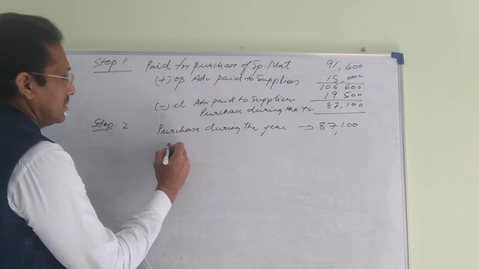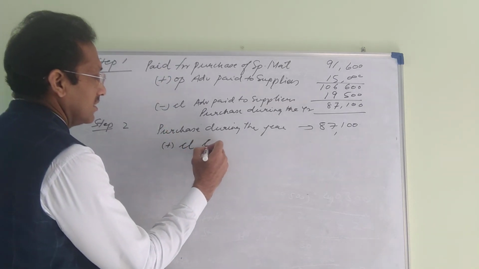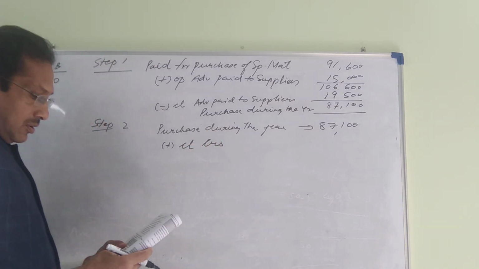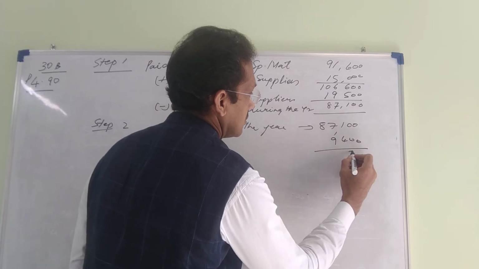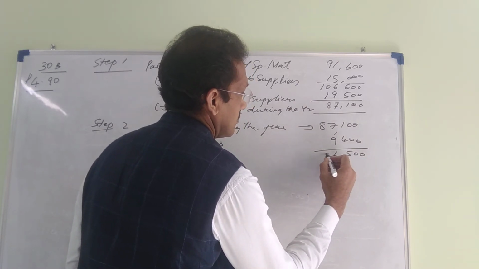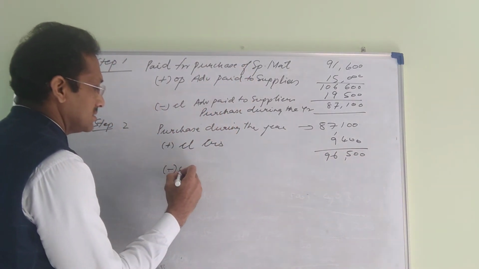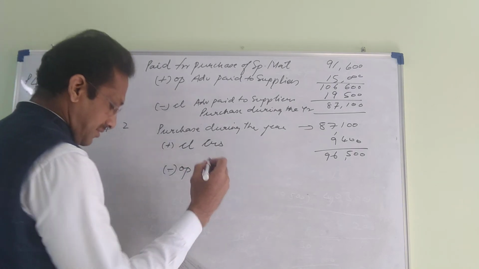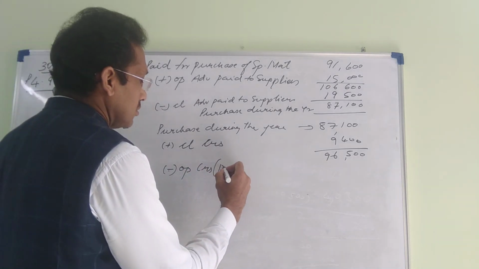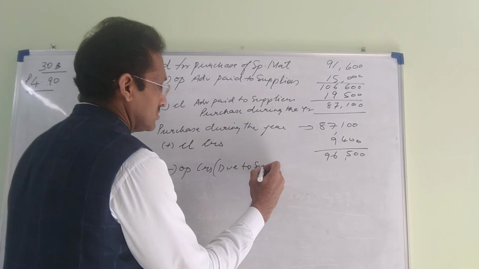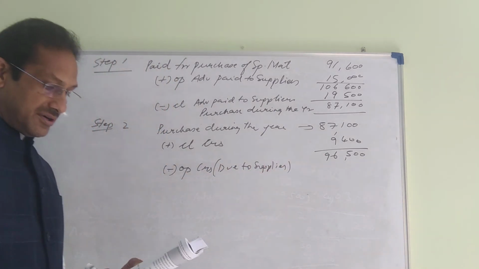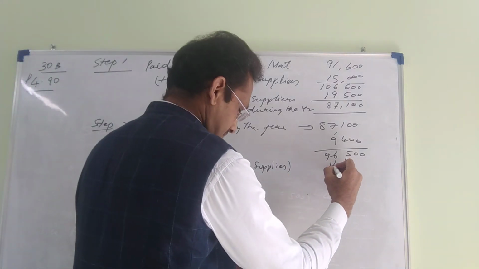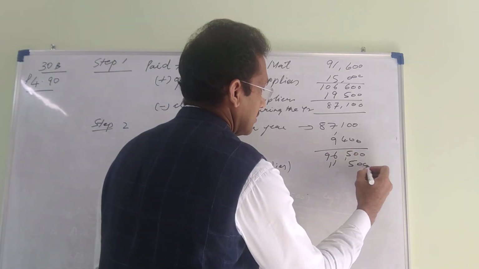Add closing creditors, that is 9,400 and minus opening creditors, due to suppliers, which is the same as creditors, that is 11,500.